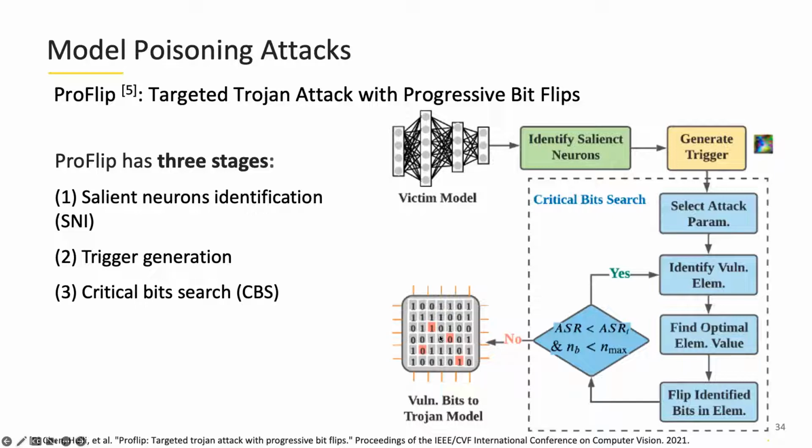After flipping these critical bits, the model is backdoored without any training process on poisoned samples, and it will yield incorrect targeted predictions on inputs with the trigger pattern.